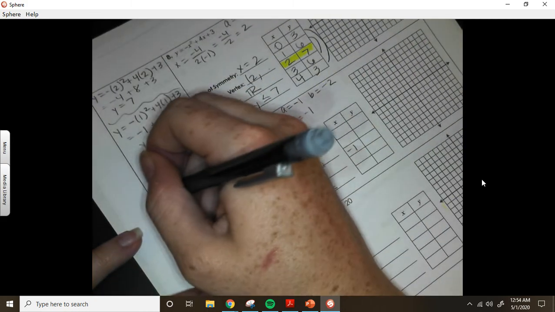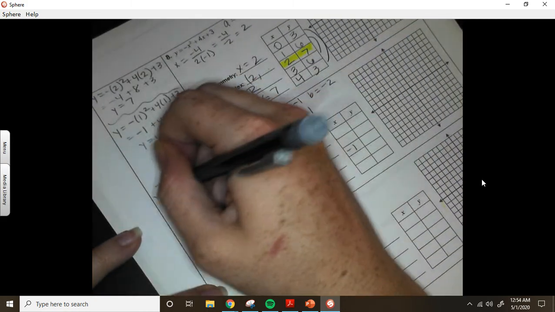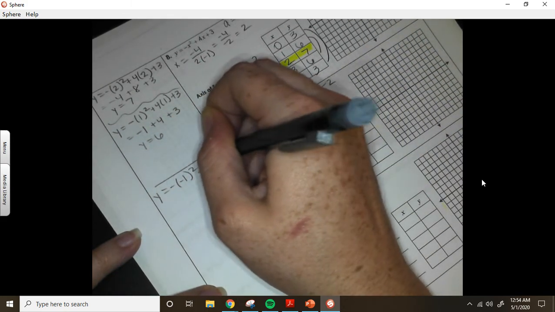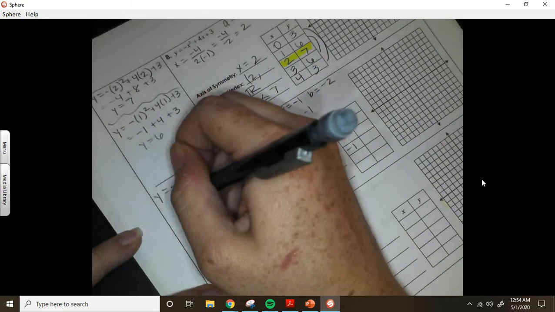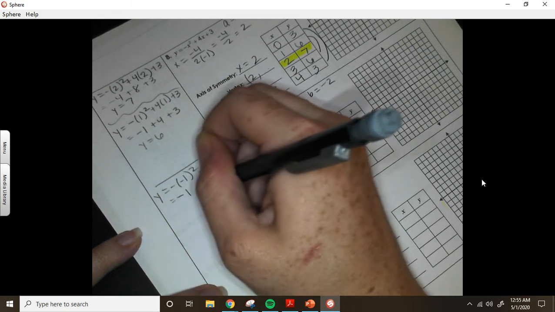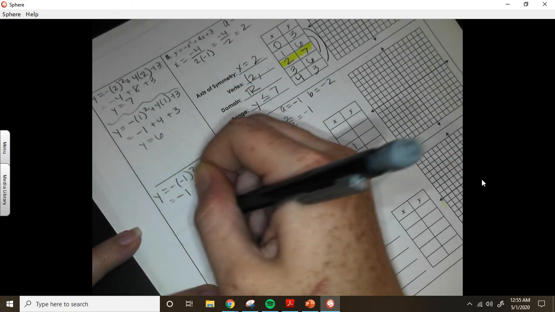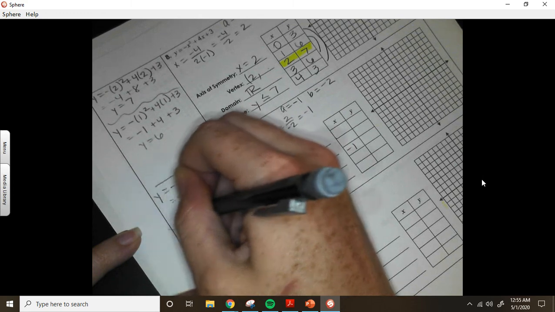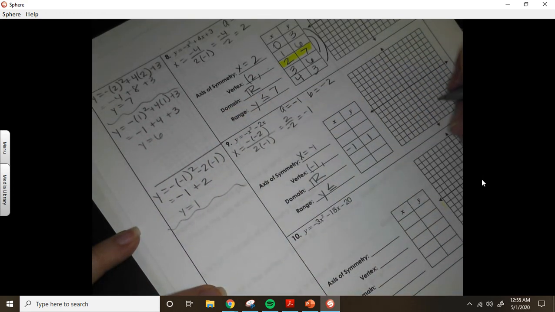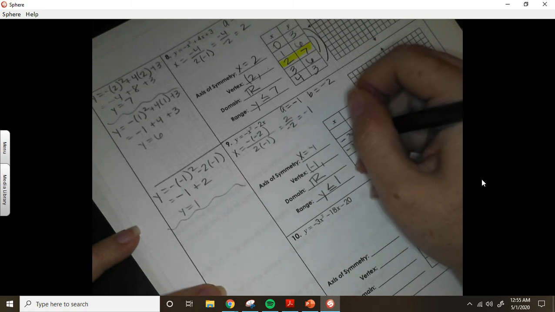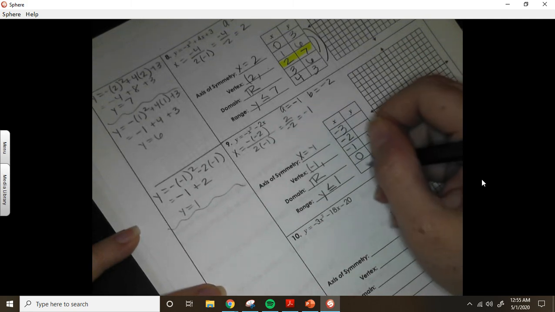Let's plug in negative 1. Y equals negative 1 squared minus 2 times negative 1. So this equals a negative 1 plus 2. Y equals 1. So negative 2, negative 3, 0, 1.